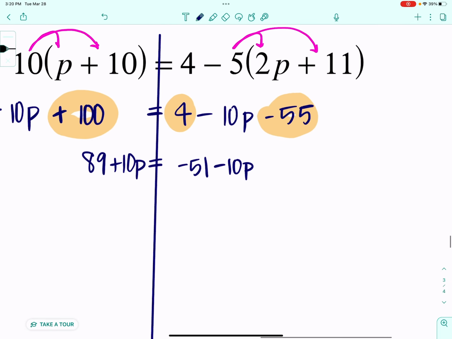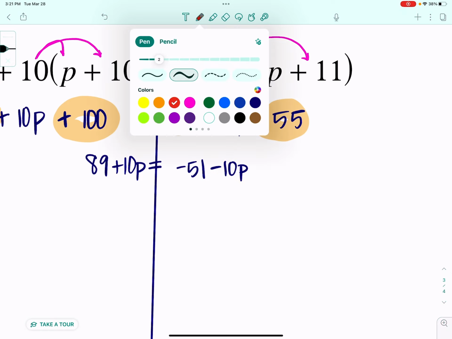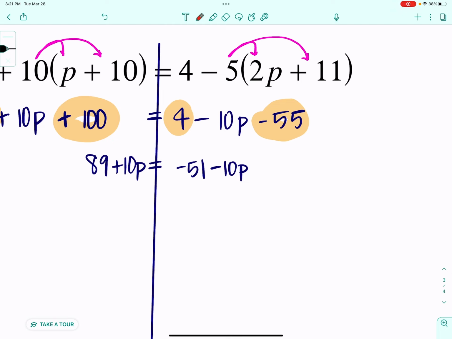Right now, the tendency of a lot of people is to say, oh, look, I have a positive 10p and a negative 10p. That makes a 0. Please do not do that. The only way we can combine the positive 10p and the negative 10p is by using inverse operations.